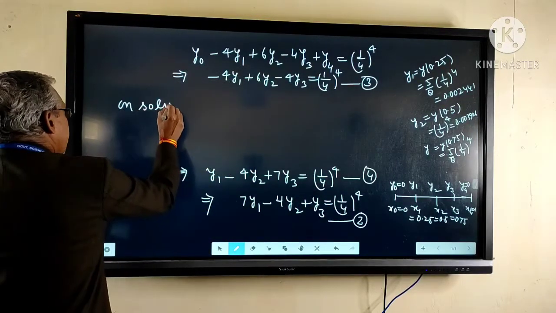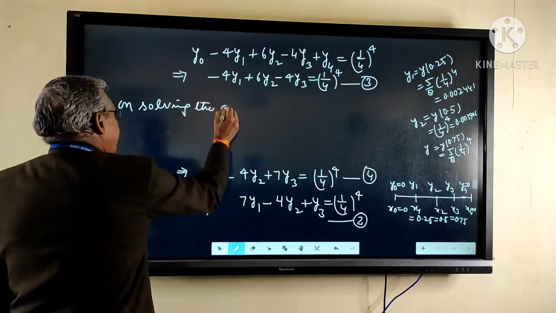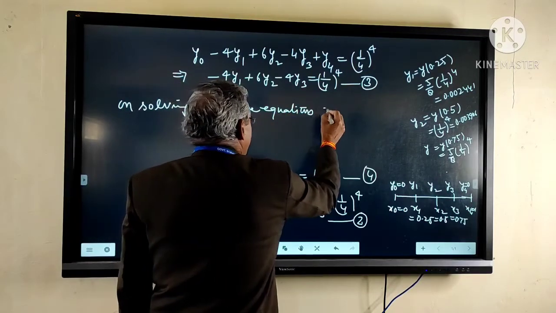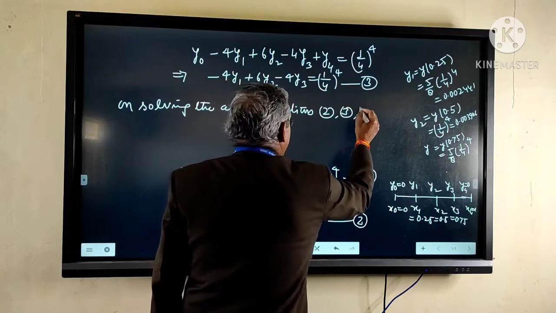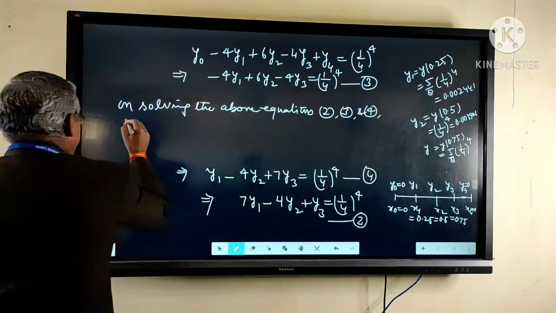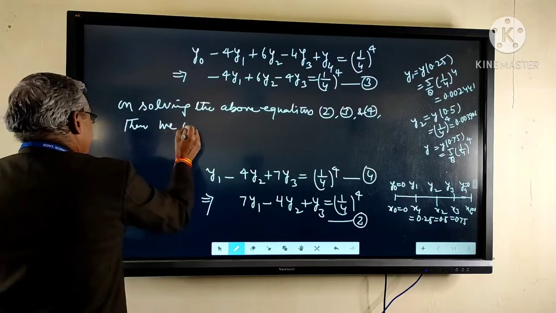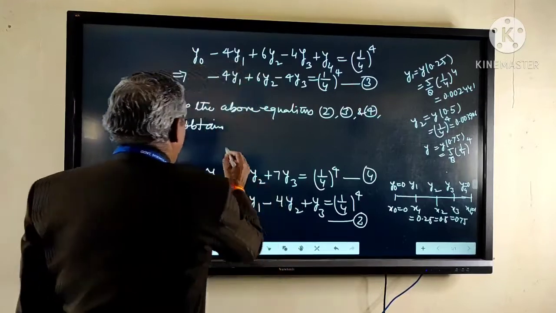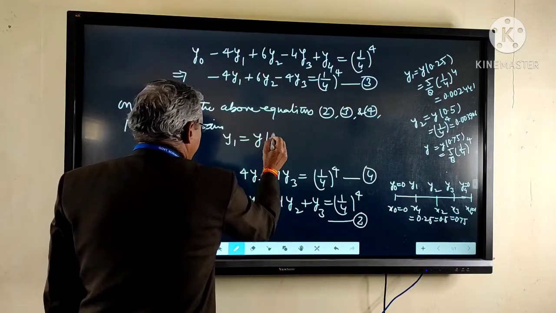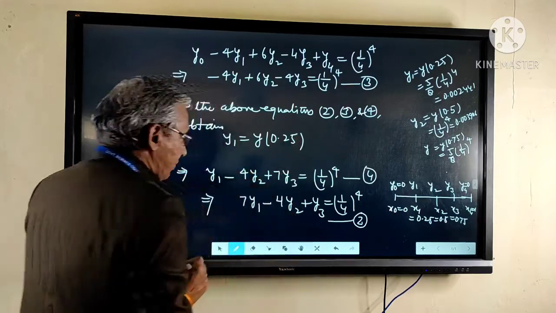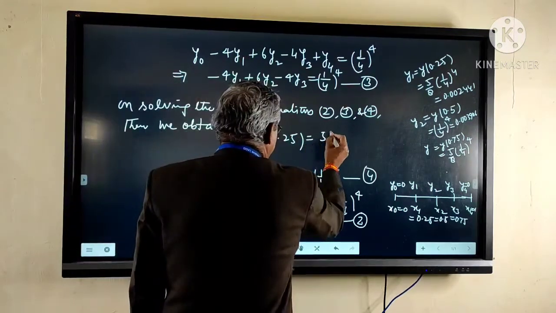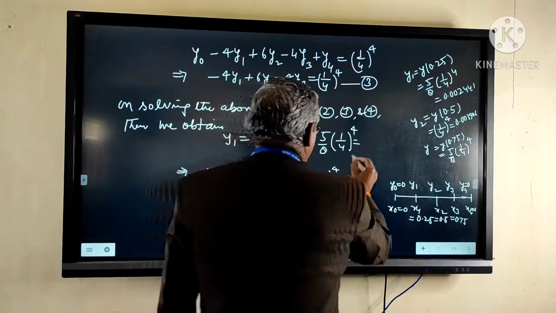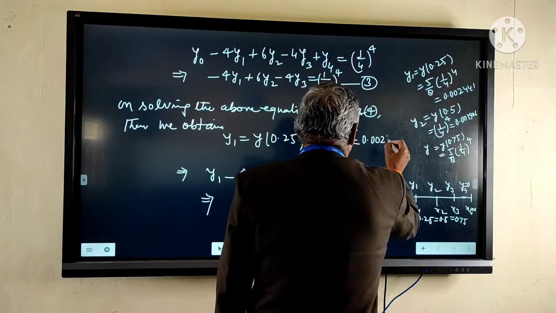Now on solving the above equations 2, 3 and 4, we obtain y1, the value of y at x equal to 0.25, which is 5 by 8 times 1 by 4 to the power 4, and this value equals 0.002441.